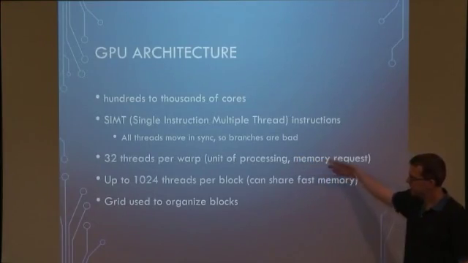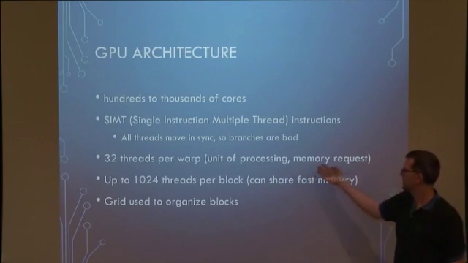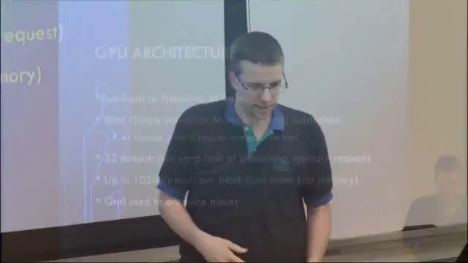Single instruction multi-thread. This is a little bit different than anything you're probably used to if you haven't done GPU programming before. There are these units called warps. You've got 32 threads per warp, which is a unit of processing and also memory requests.